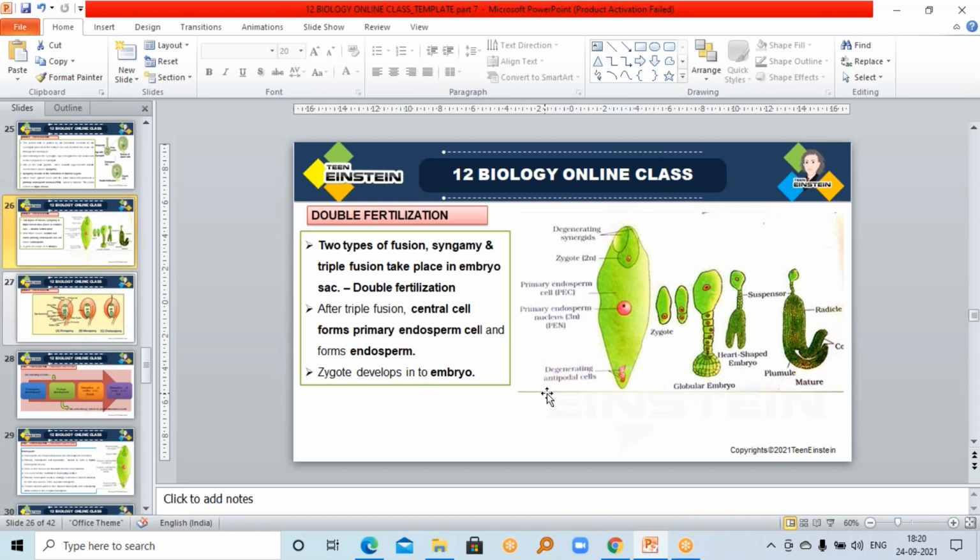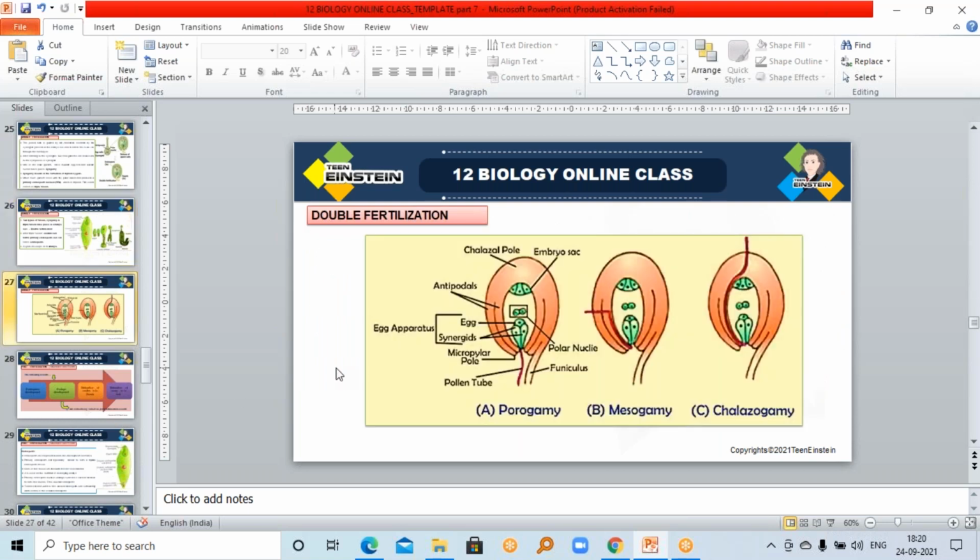Okay. Next. Here I said normally for fertilization the pollen tube containing 2 male gametes enters the ovule. Normally it enters through the micropylar region, right?